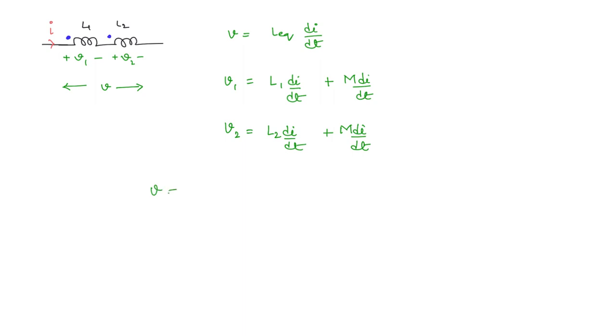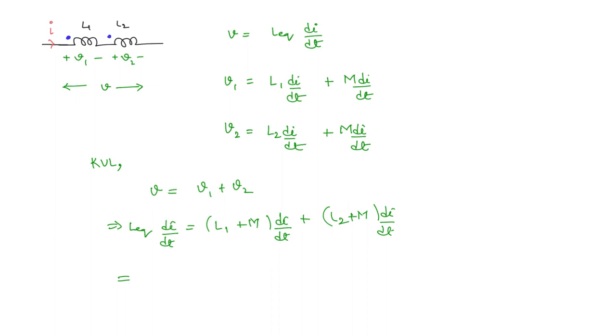So what will be V? By KVL, V is equal to V1 plus V2. So you're going to get L equivalent di by dt is equal to L1 plus M di by dt plus L2 plus M di by dt.